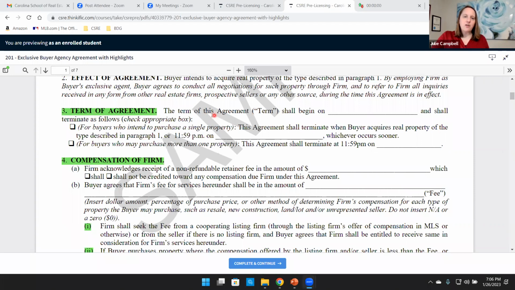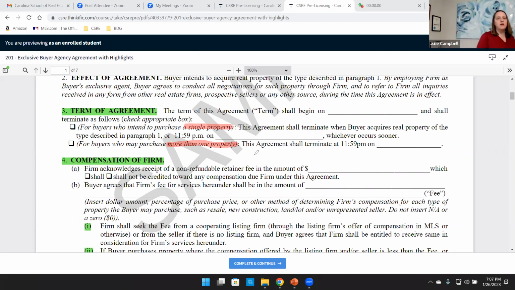As with our listing agreement, we have a term. We need a definite end date. It's going to begin on this date. Different from the listing agreement, we could be working with two different buyers. We could be working for a buyer who intends to purchase a single property, or for buyers who intend to purchase more than one. Is this a home buyer buying one property, or is this an investor that calls you and says, I want to buy 10 this year, can you help me?